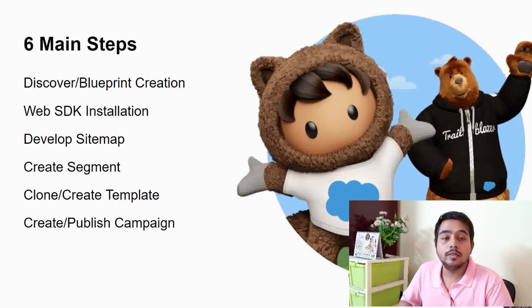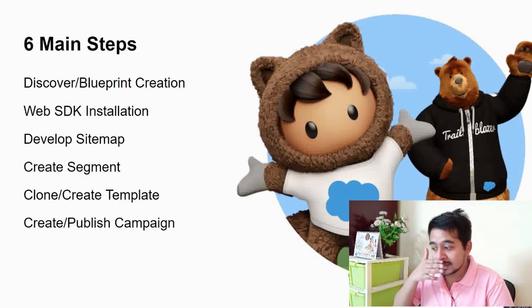Let's say the inventory in one country is different from that of another country, then the product catalog will also be different, right? In those cases, if we use the same data set, which is a kind of database in Interaction Studio, it will not be relevant. So there have to be separate data sets. This kind of decision has to be taken before the project has started. So that is the discovery phase.